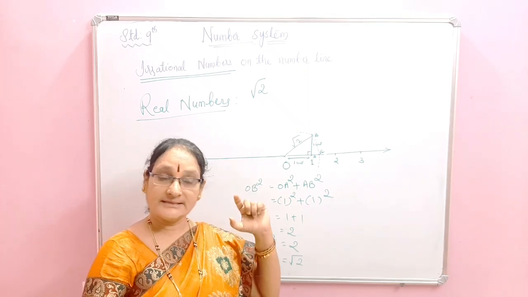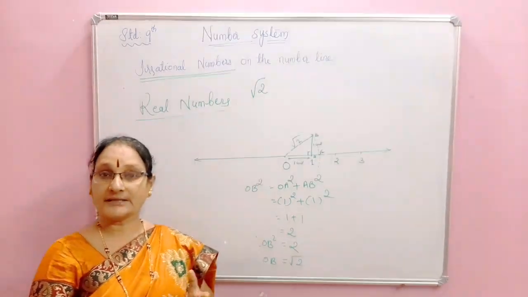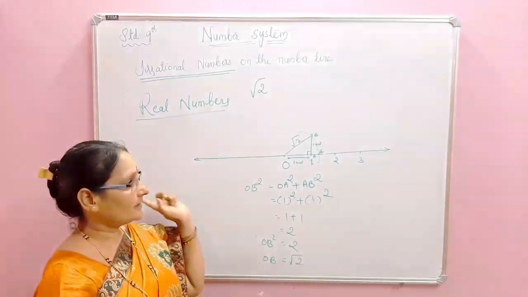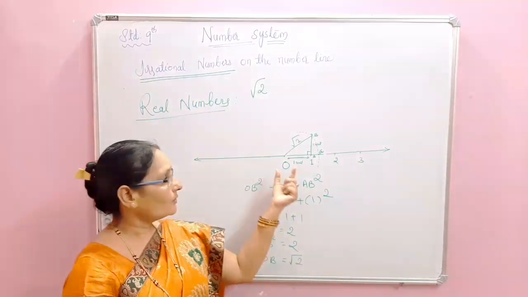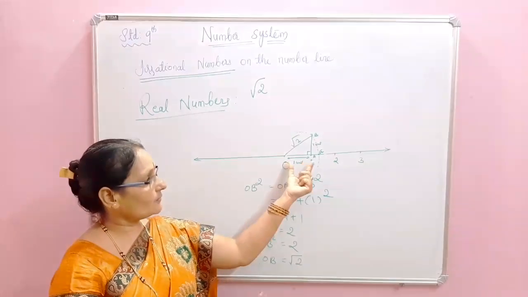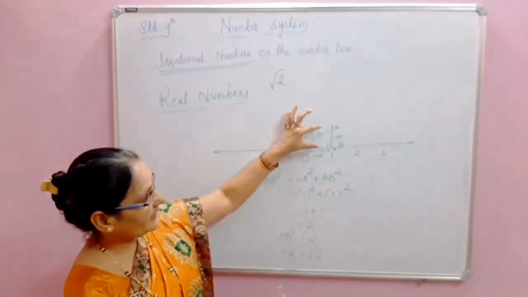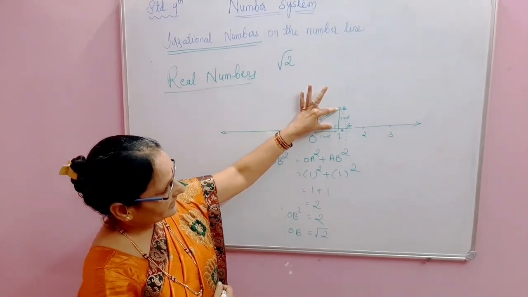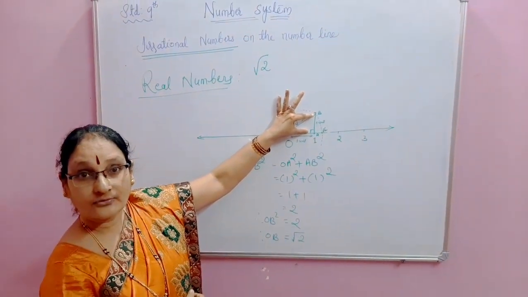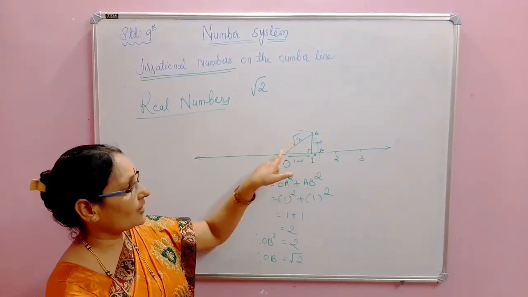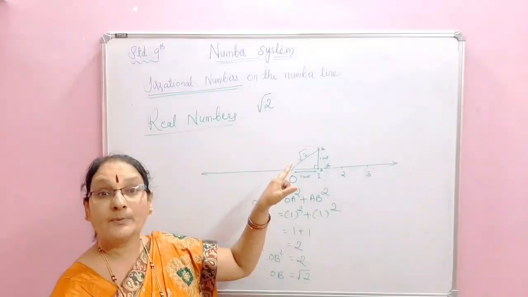Once again, in simple steps I'll tell you how to locate root 2 on the number line. Draw a number line. O is the originating point. Take 1 centimeter here. Mark that point as A. Then perpendicular to this, draw a line, that is AB of 1 centimeter. If it is 90 degrees, OB is called the hypotenuse.